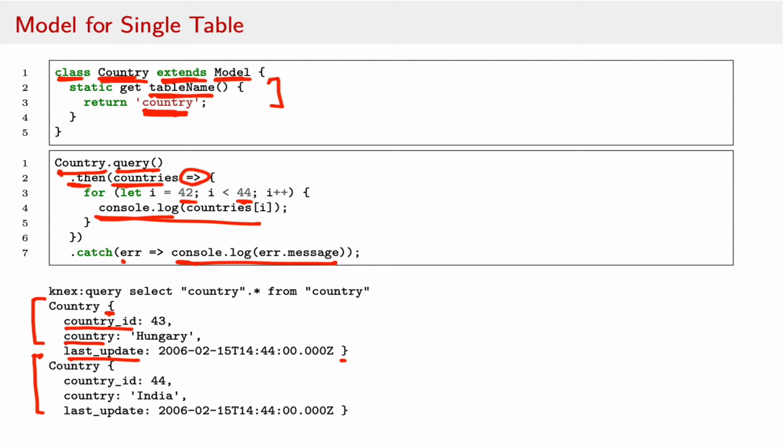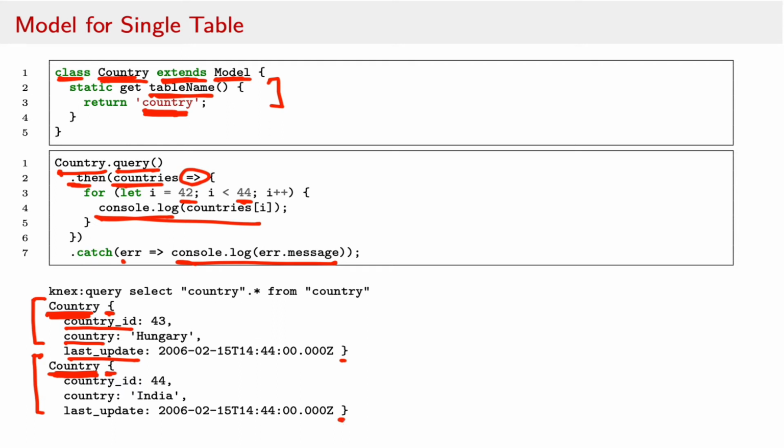One thing that's different here that's really important to keep in mind is that this is no longer just a generic JavaScript object. It's actually an instance of the country class, and you can tell that because JavaScript is telling us, hey, this is a country object and here's what's in it. If you go back and look at the examples from Knex, you'll see that there is no class name showing up here. It just shows you the curly brace enclosed attributes of the objects.